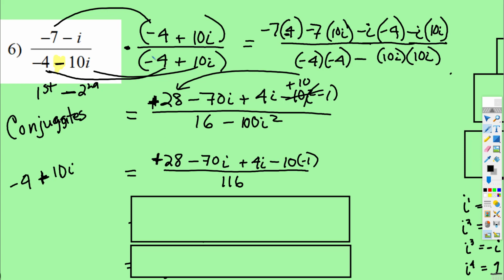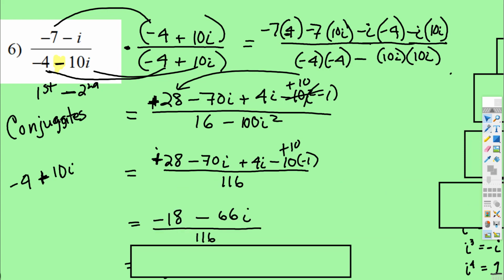Again, I've changed that sign because of that original mistake. So when you simplify this, 28 plus 10 is 38, negative 70i plus 4i is negative 66i, and then you're going to separate it into a plus bi form. Well, first thing you're going to do is 38, 66, and 116 all have a 2 in common.